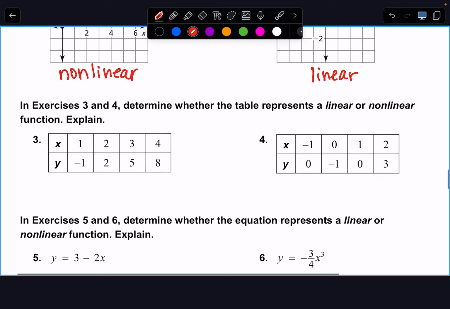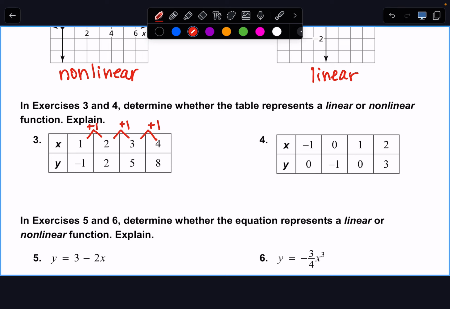All right, so now let's look at these. When we look at number 3, do our x's have a constant rate of change? Add 1. Yes. We add 1 to get them. So make sure you write that down. What about our y's?